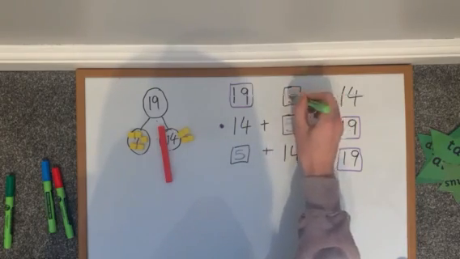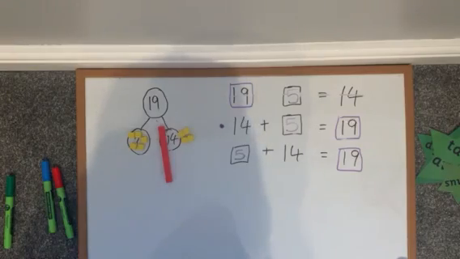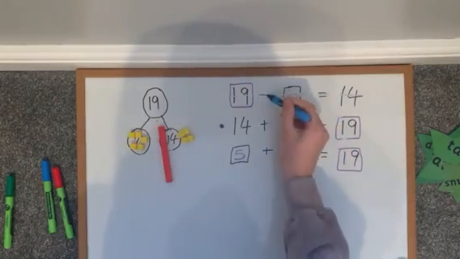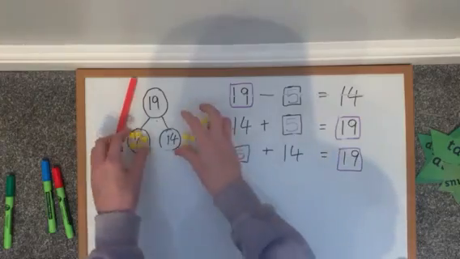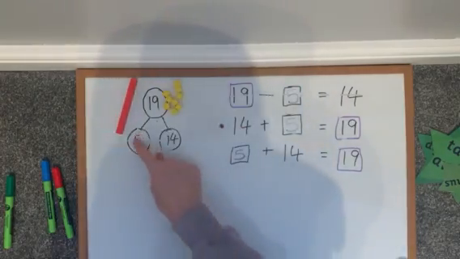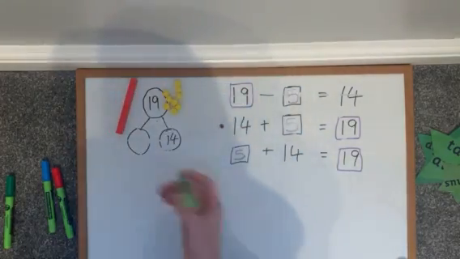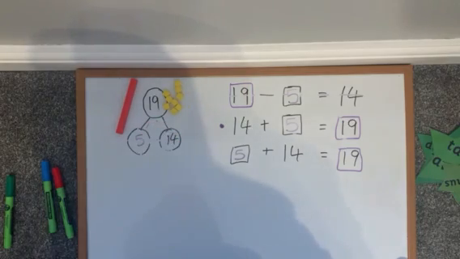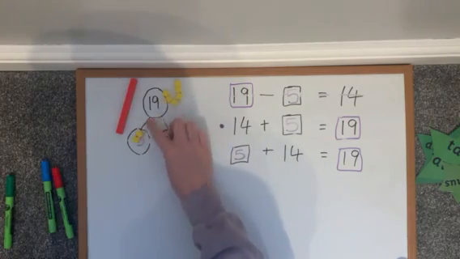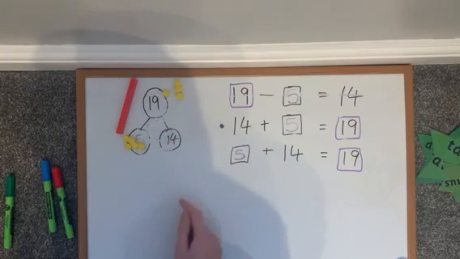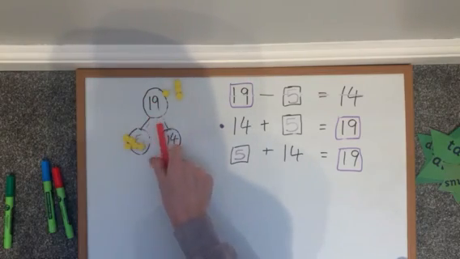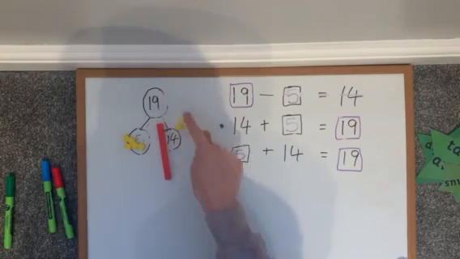That missing number would also be 5 because if I started with the 19 and was taking away 5, 1, 2, 3, 4, 5, it would leave me with 14: 10, 11, 12, 13, 14.